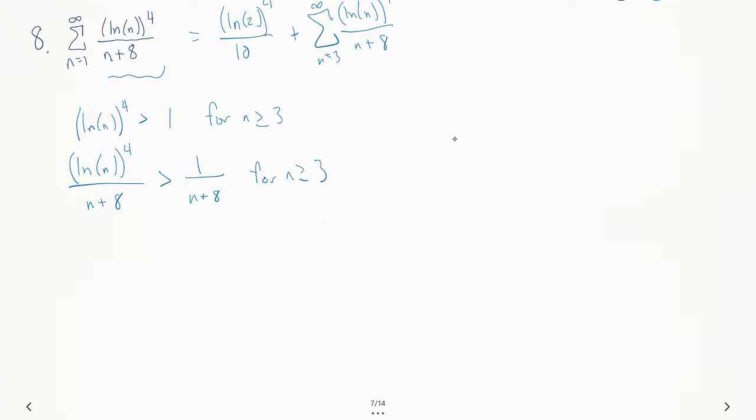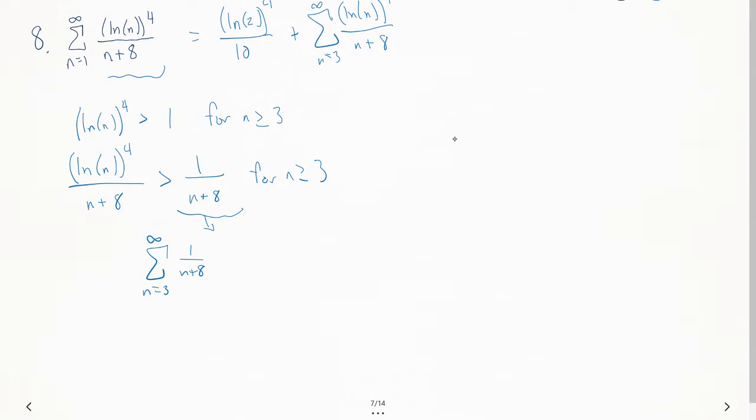Now, if we can write this as a sum from n equals 3 to infinity of 1 over n plus 8, if this thing diverges, then the other one must diverge. Well, how do we see if this thing diverges?